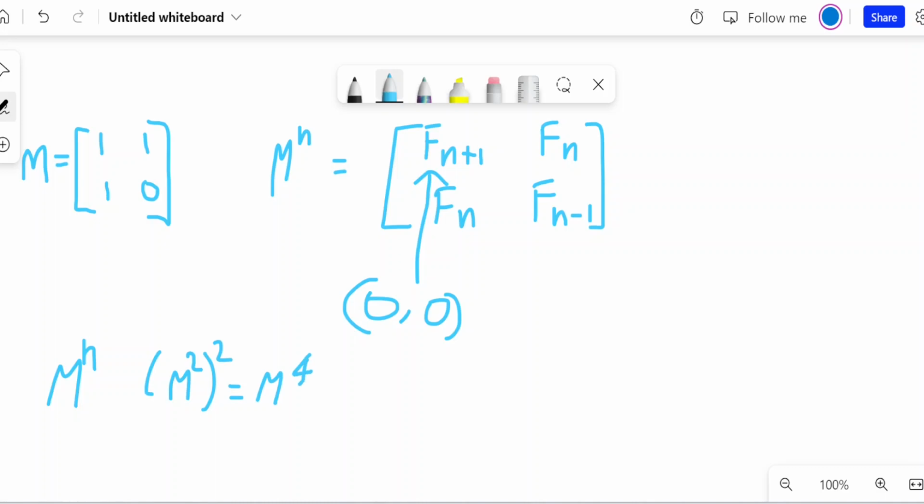And we could square that to get m to the power 8, and square this to get m to the power 16, and you could keep squaring the resulting 2 by 2 matrix until you reach m to the power n. And if you look closely, it would approximately take log n steps to get to m to the power n, starting with m.